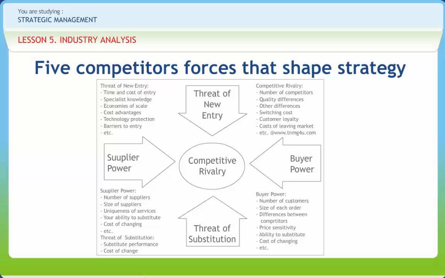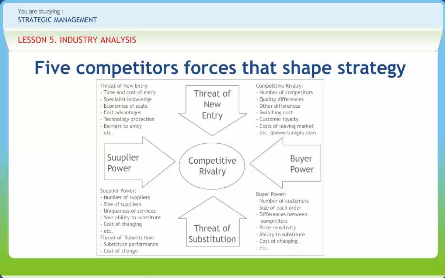Ideal scenario to enter an industry is entry barrier equals to high, buyer power equals to low, supplier power equals to low, threat of substitution equals to low, and competitive rivalry equals to low to medium.